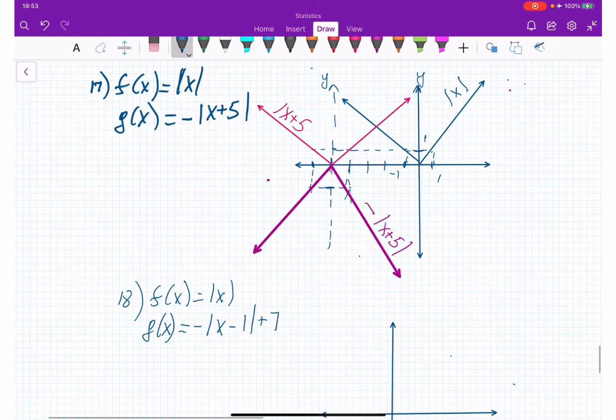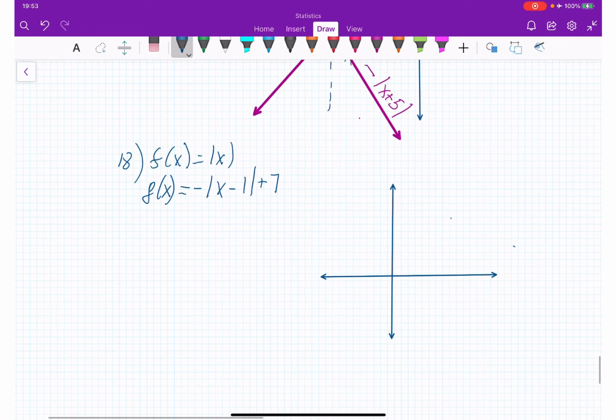Every time we did step by step, but this time I would like to show you how to jump around. So we know that absolute value of x goes like this and like this, right? So we need absolute value x minus 1, which is coming here to 1, assuming this is 1.